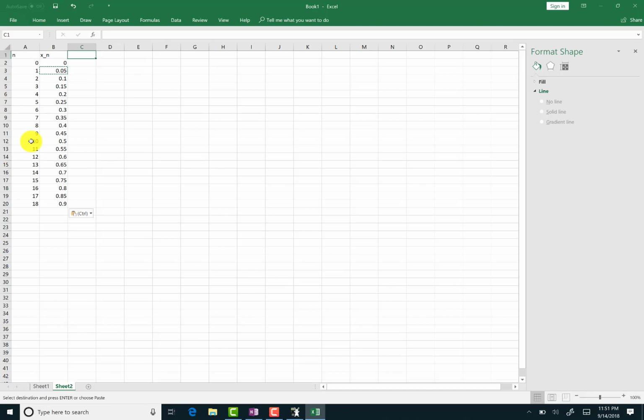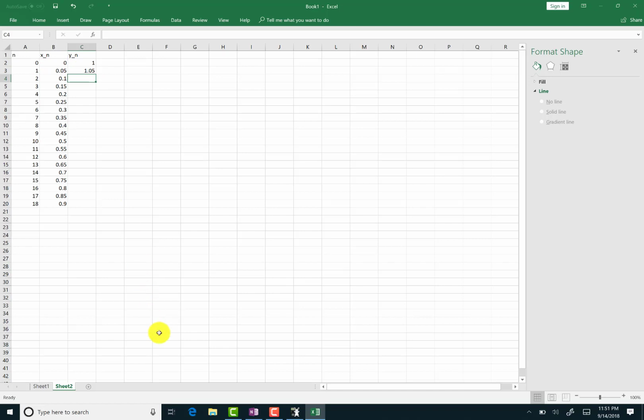And then y sub n. y started at 1, and then of course its increments were y, so this would be y0. y0 is located in C2 plus 0.05 times, and in parentheses I'll have to put x sub 0, so this will be B2 squared plus C2 squared, and then end the parenthesis.